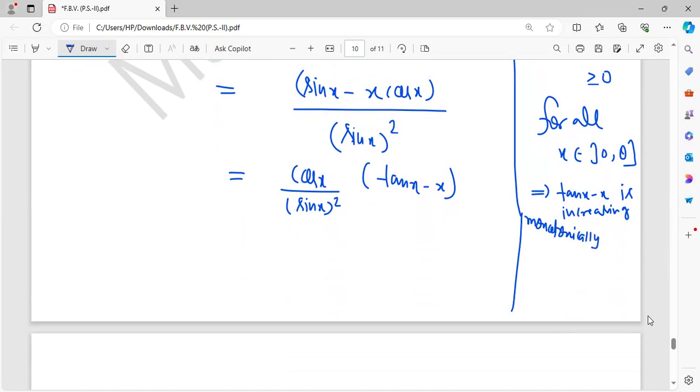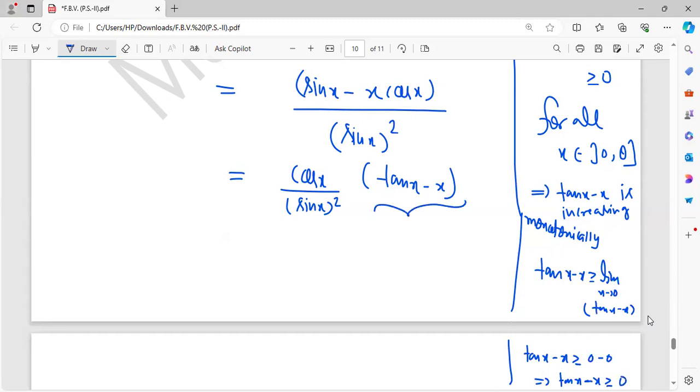But it will be at the initial point. If it is monotonically increasing, then take x tending to 0. As x tends to 0, the limit of tan x minus x, what will it be? 0 minus 0. It means tan x minus x is non-negative.